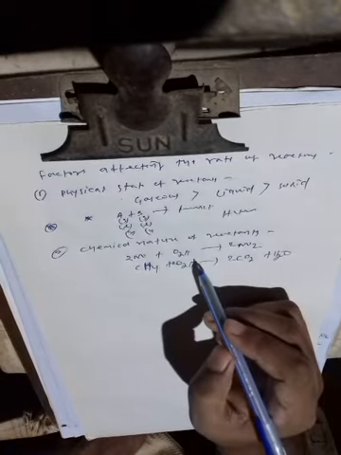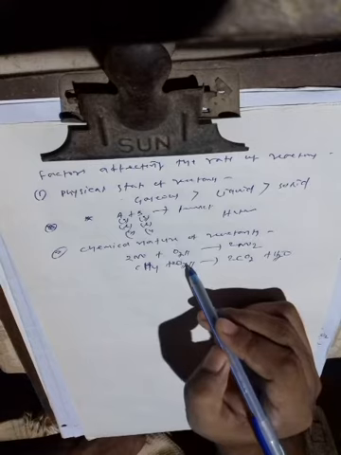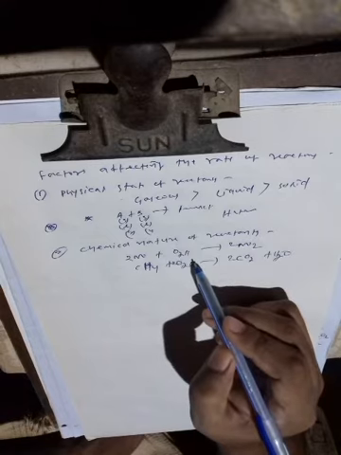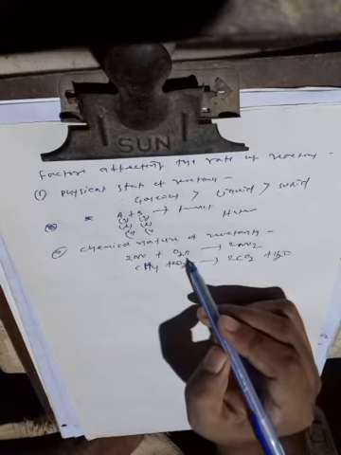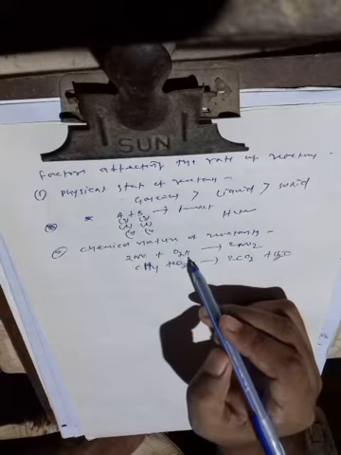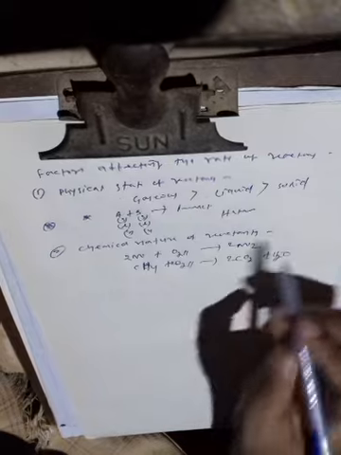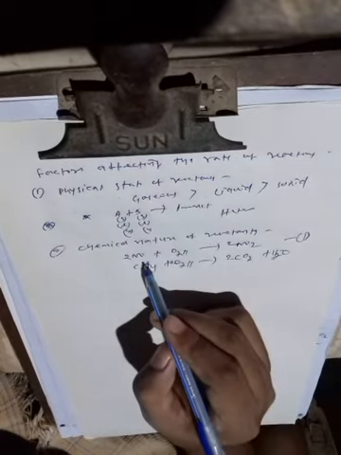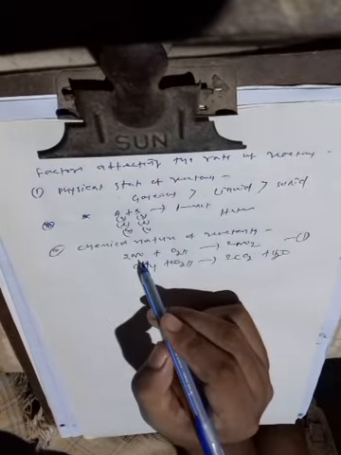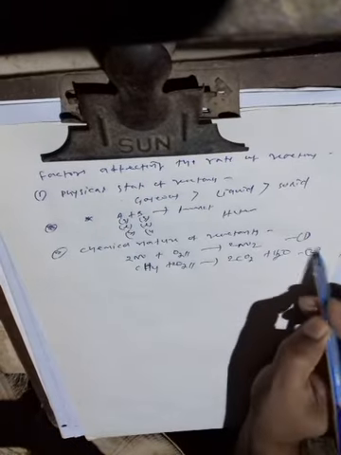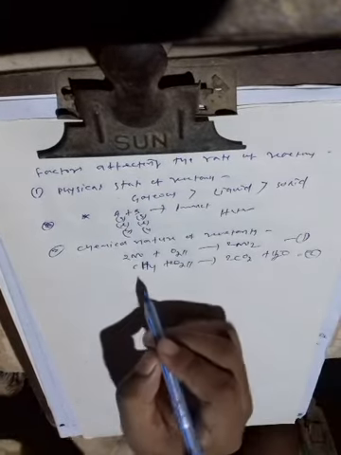Since in these two reactions one reactant is common, the rate of reactions will automatically depend on the other reactants. In the first reaction, the rate will depend upon NO, and in the second reaction, the rate will depend upon CH4.